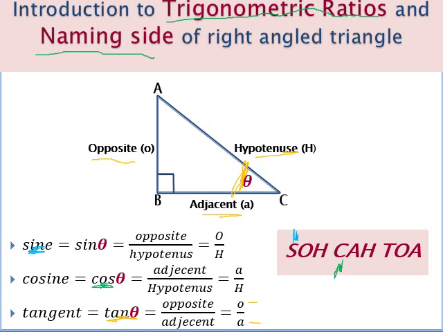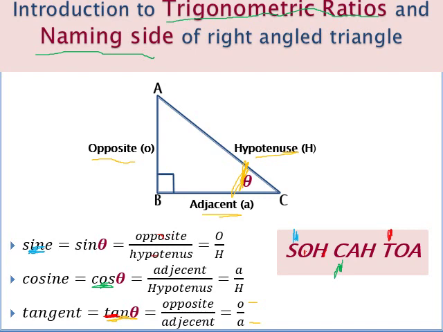Then the last T that we have there stands for tangent. Now, that O is for the opposite, and that H is for the hypotenuse.